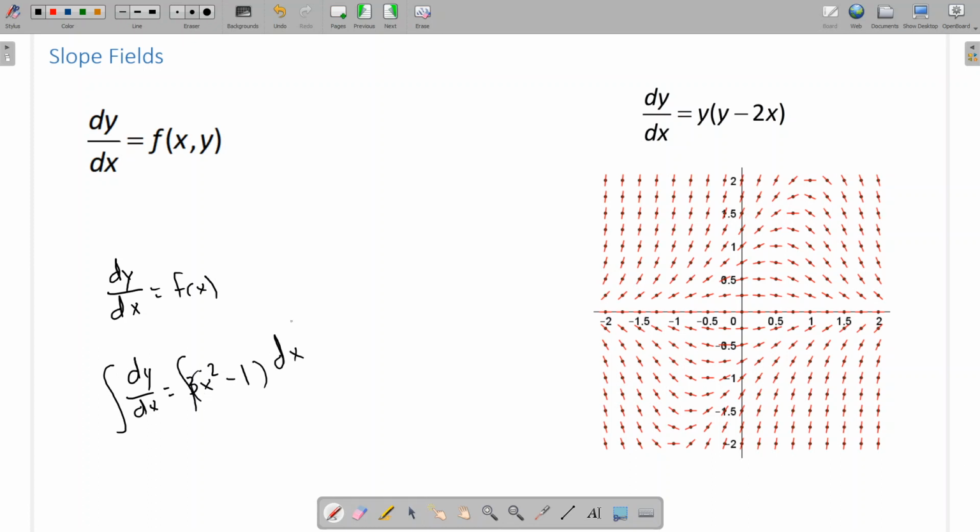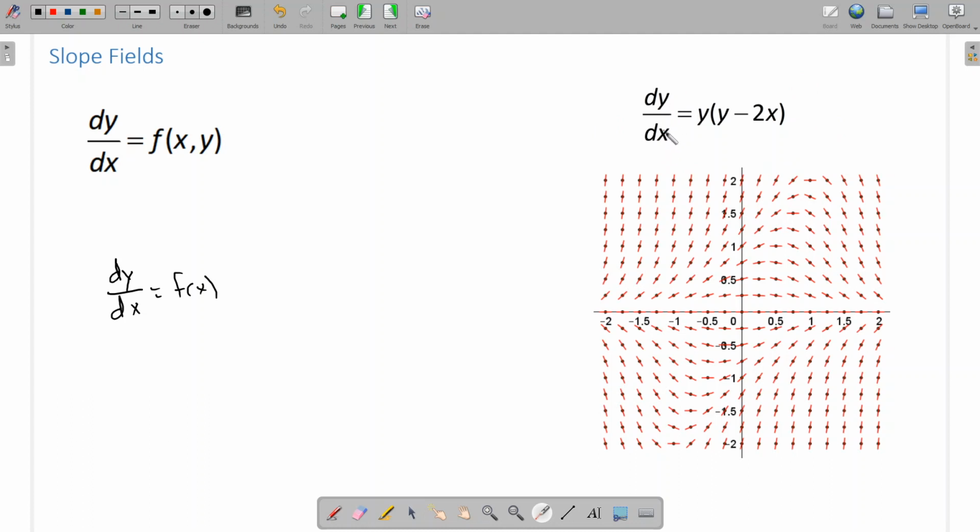Well, in this section, our differential equations are going to be more complicated, and unfortunately, they just can't be solved like this. So the difference is, instead of just having a function of x on the right-hand side, we may have x and y on the right-hand side. So this over here would be a good example of that type of differential equation.